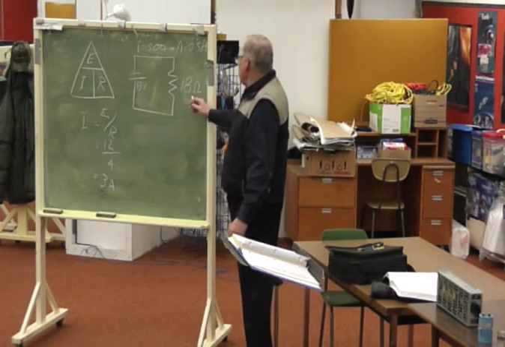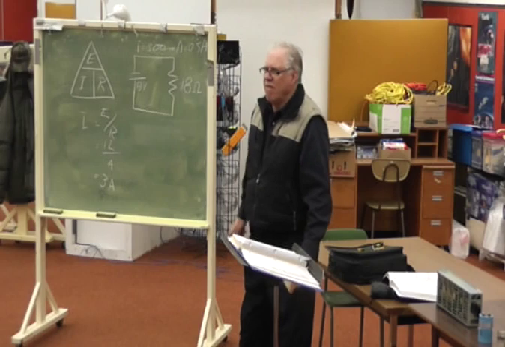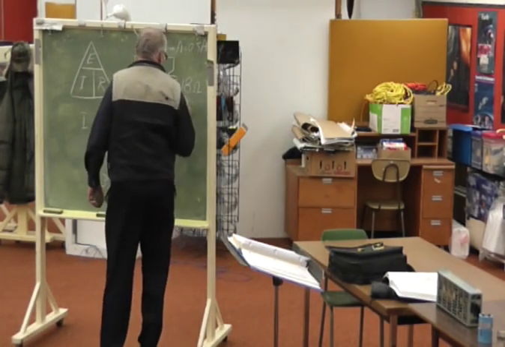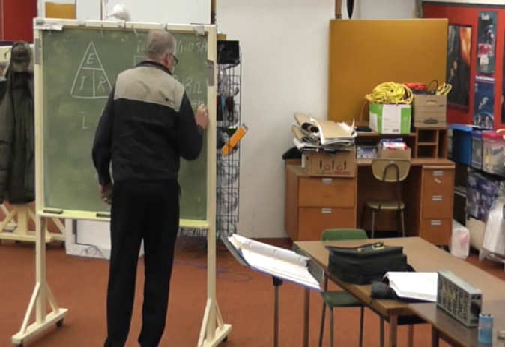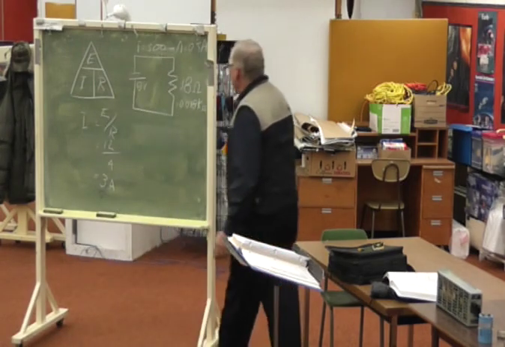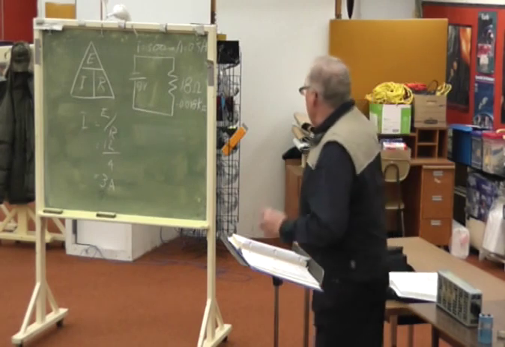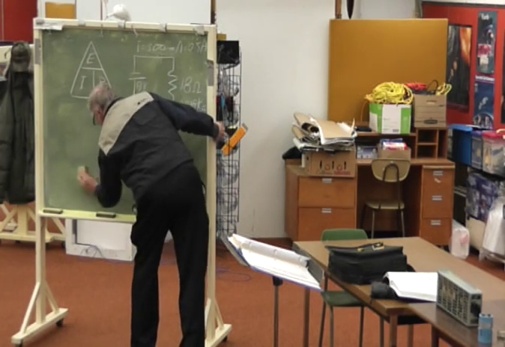How many kilo ohms is that? 0.018. Okay. All right. Well, let's just mix things up a little bit more here.